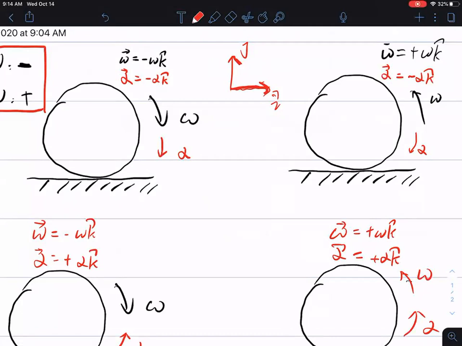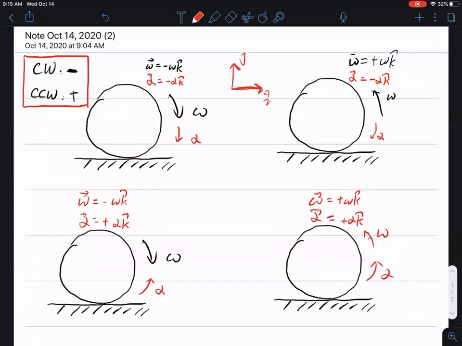If you use your right hand fingers, wrap around the direction of counterclockwise, your thumb is pointing to the positive direction for K. So K is going out from this screen. That's a positive direction for K. So whenever you have a clockwise rotation, your thumb is pointing in the opposite direction, which is into this screen, and that's when your K is negative.